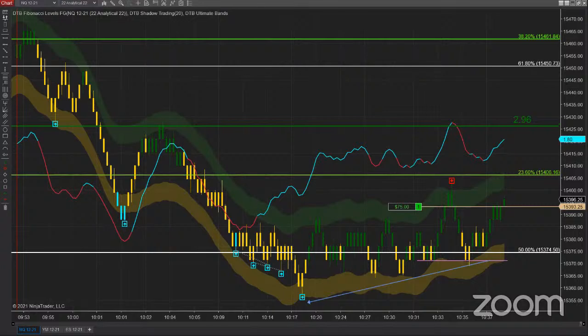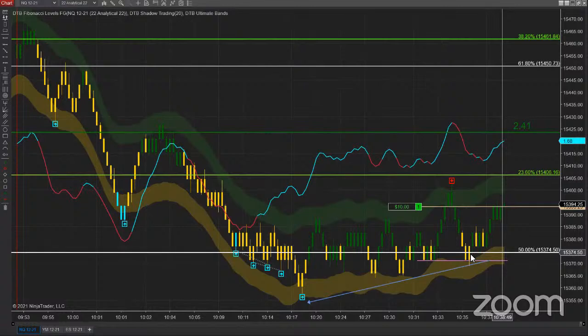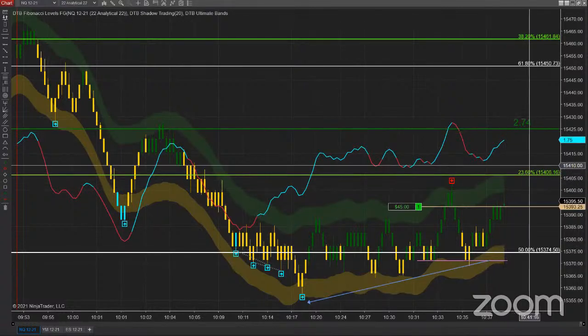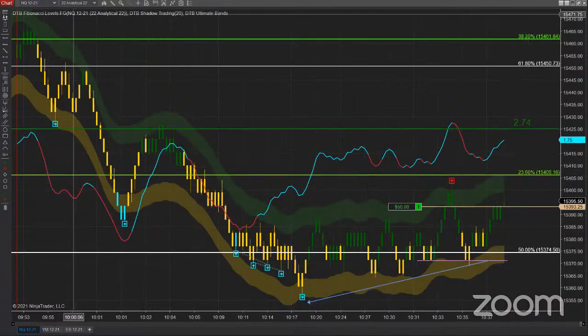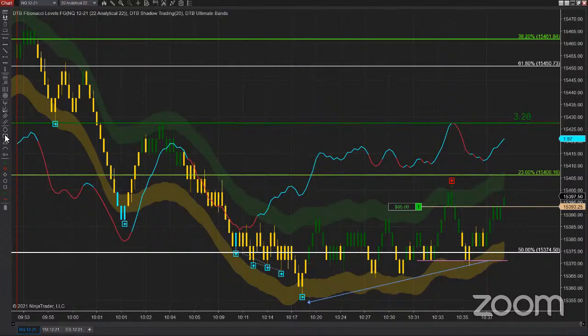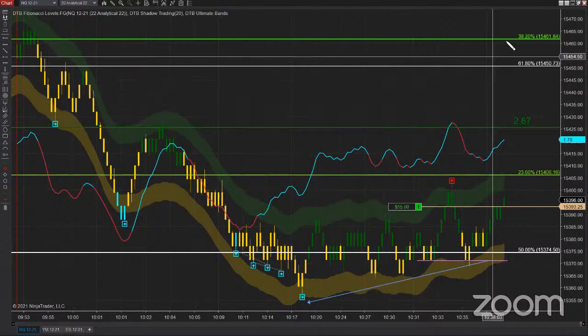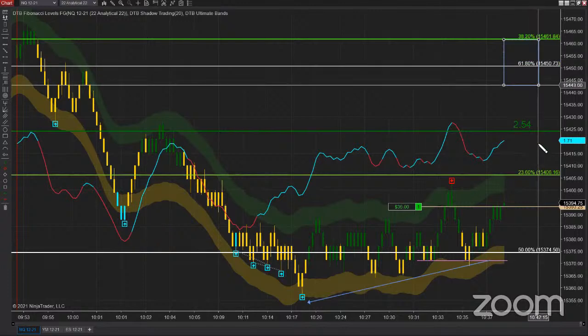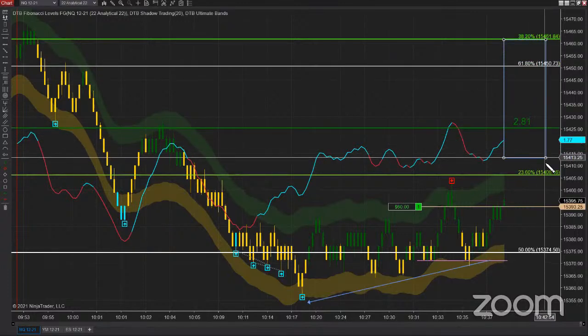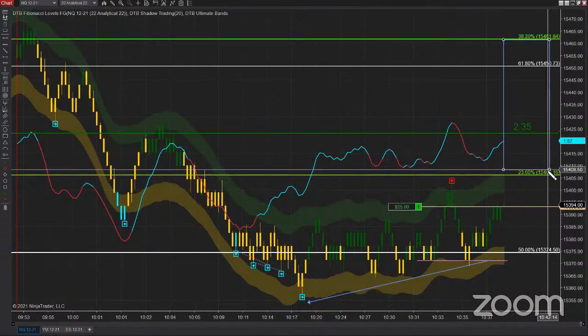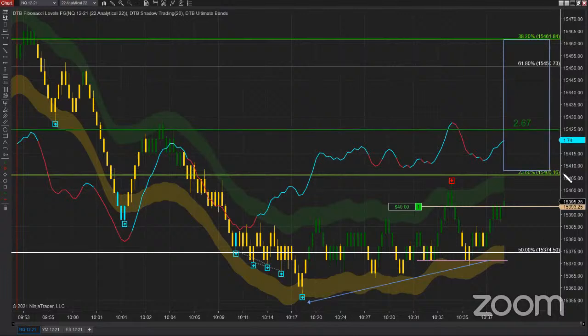We do have a 23 fib in the way. It's not an extremely powerful one. This 50 fib is definitely a much stronger level than that 23.6. The next very strong level that we'll probably be looking out for is this one over here. So I'm expecting this price to come up in this vicinity here.